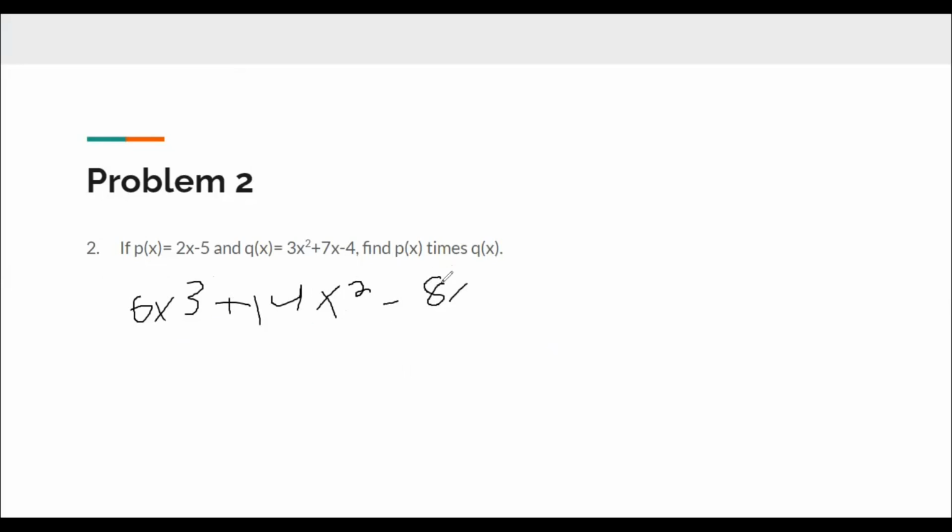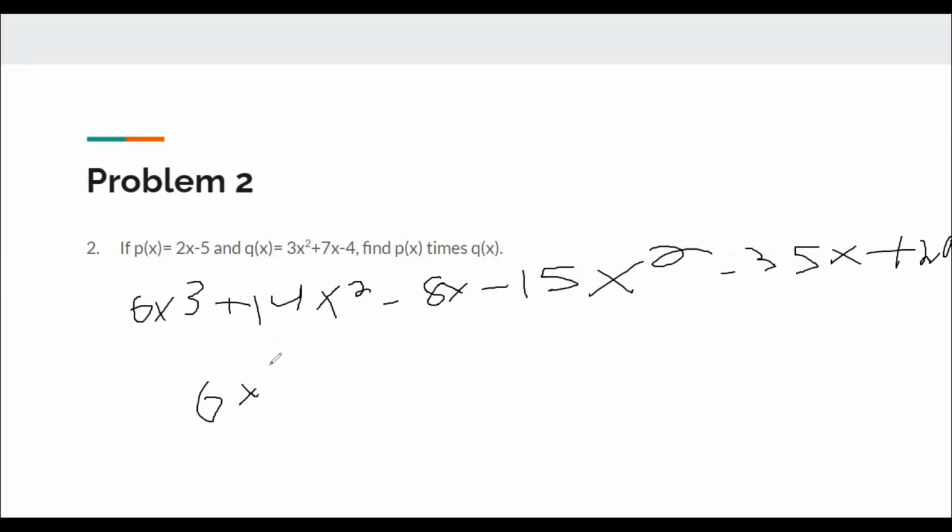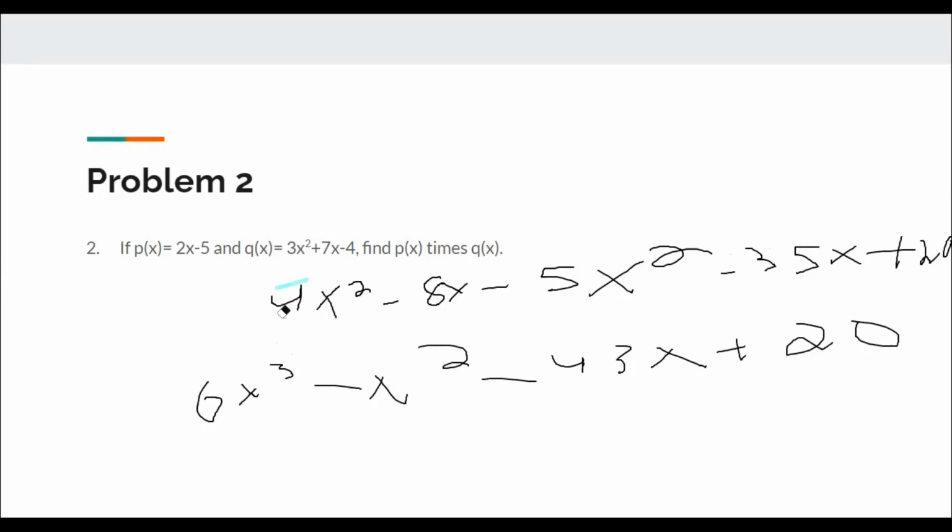So you can look at the past videos. And then you can just sum the like terms. So you're going to get 6x cubed minus x squared minus 43x plus 20. Again, pretty simple. Nothing too hard here.